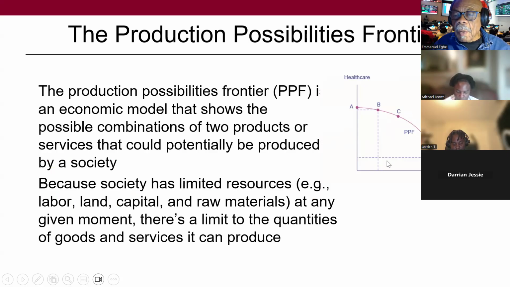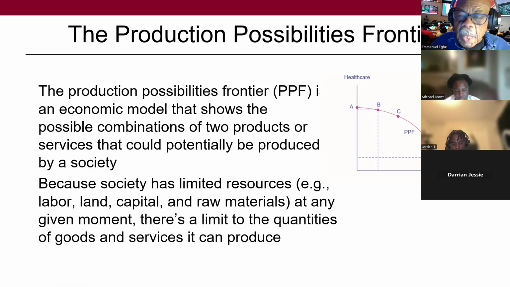Now, suppose you are at a point D, okay? It simply means you produce so much education but so little healthcare. If you are at a point A, you produce so much healthcare and very little education.